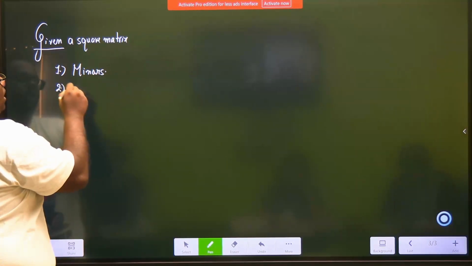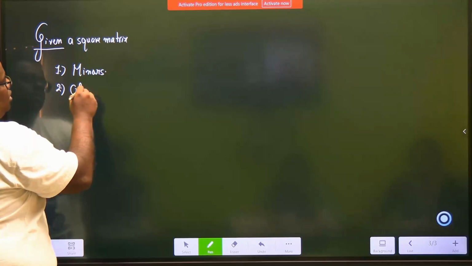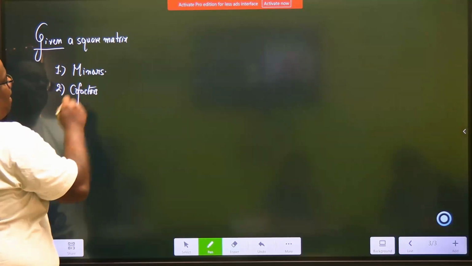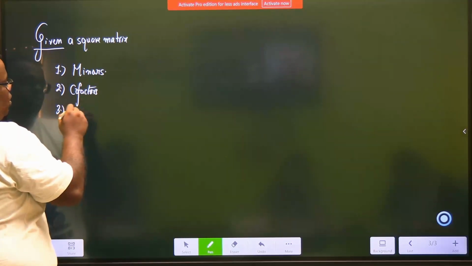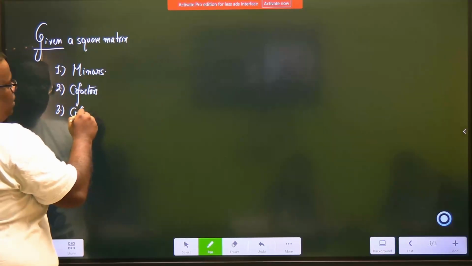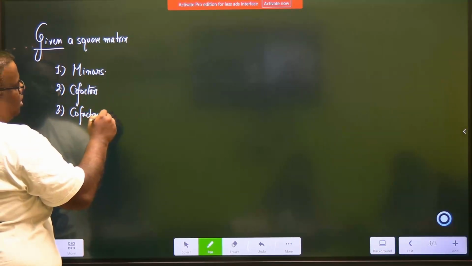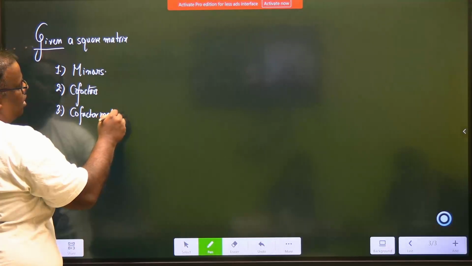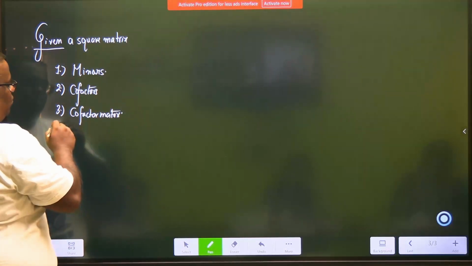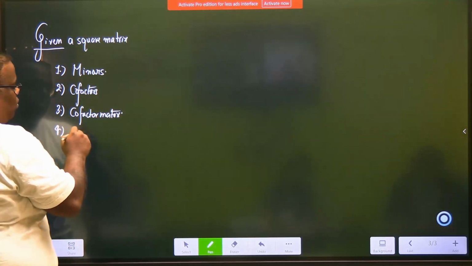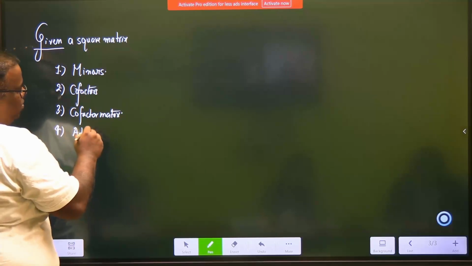Then you should know how to evaluate the cofactors, then the cofactor matrix, then the adjoint matrix.